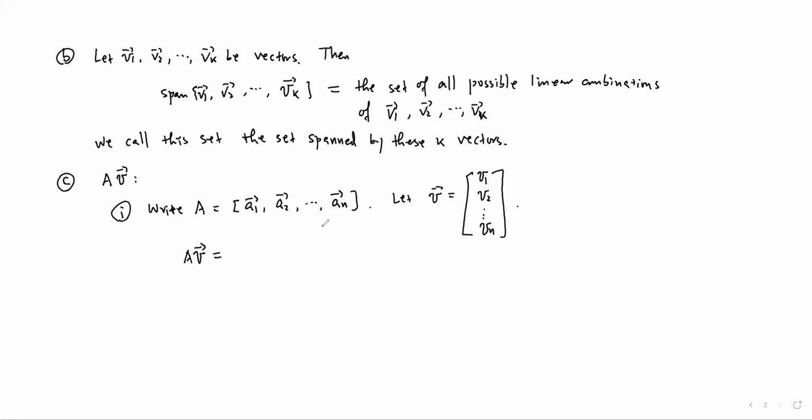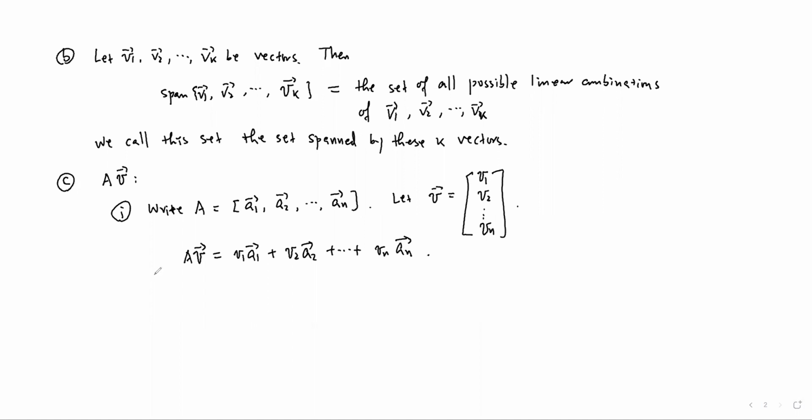A linear combination of the columns of the matrix A. Scalar V1 times vector A1 plus scalar V2 times vector A2, and so on, up to scalar Vn times the last column. A matrix times a vector is a vector, a linear combination of the columns of matrix A.